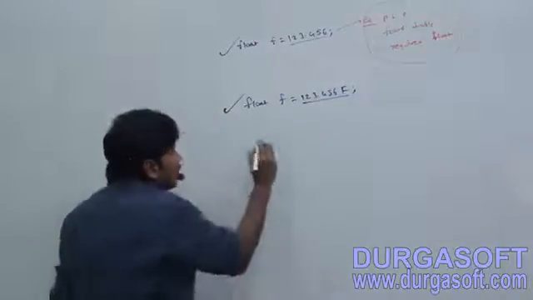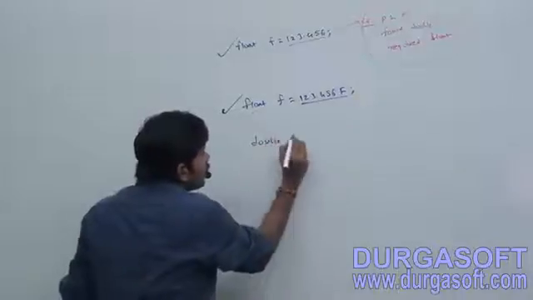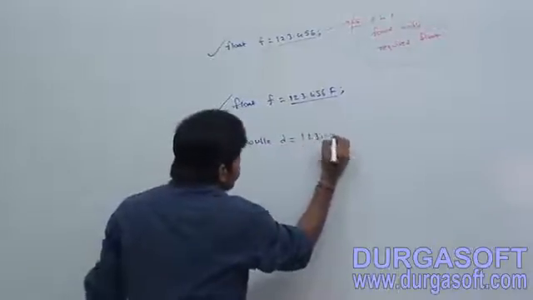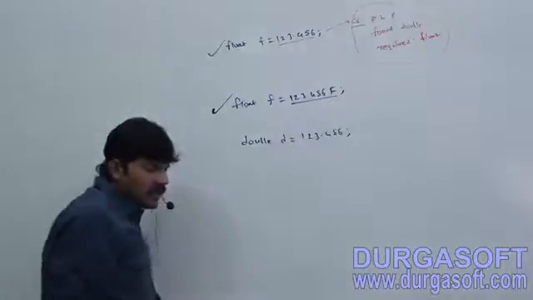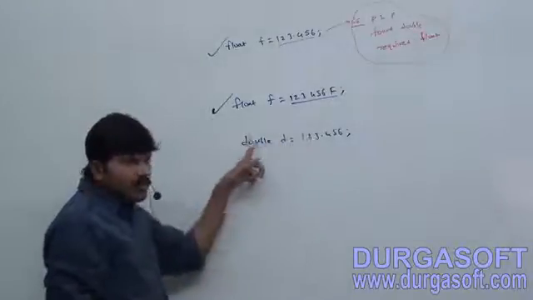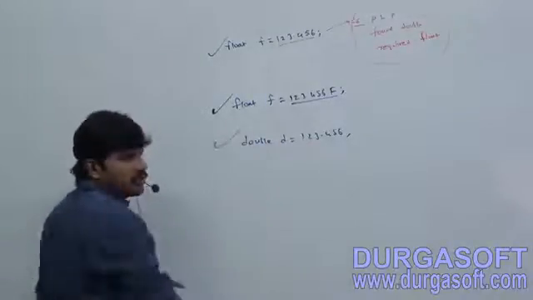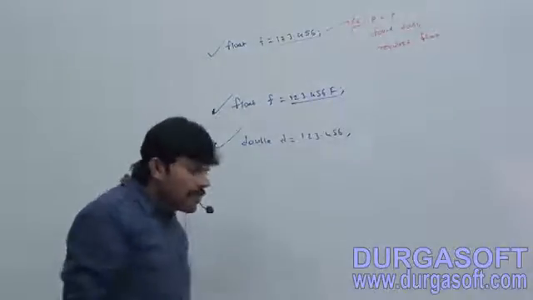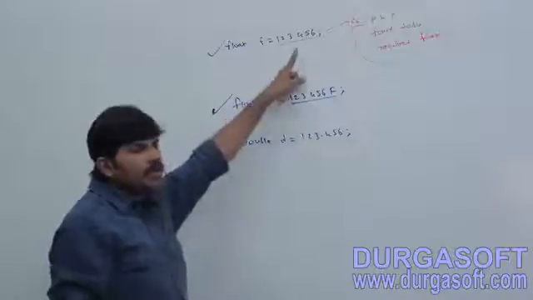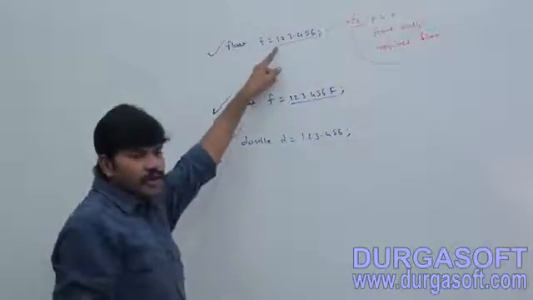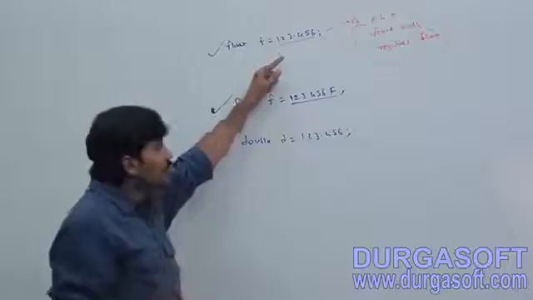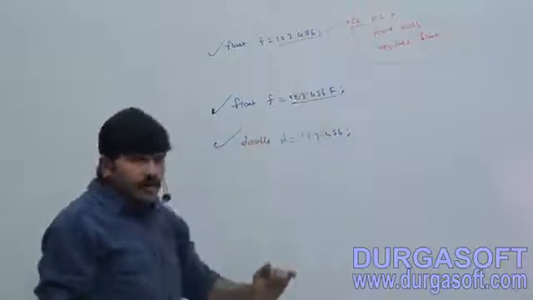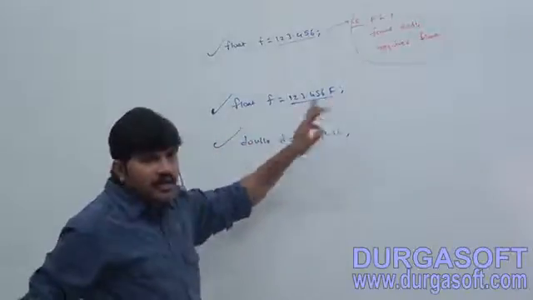Next, double d is equal to 123.456. Valid, no problem at all. So by default every floating point literal is of double type. We can't assign it directly to a float variable, but we can specify a floating point literal as float type by suffixing with a small f or capital F.